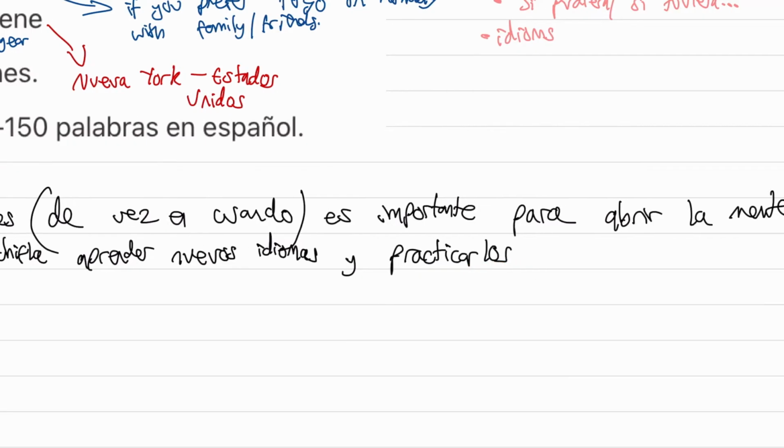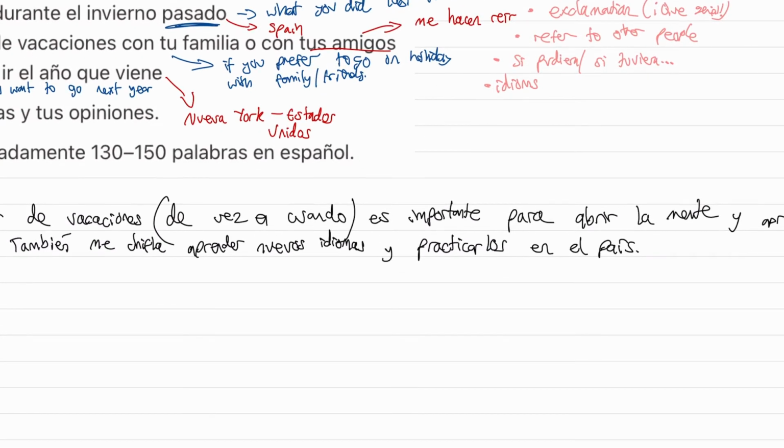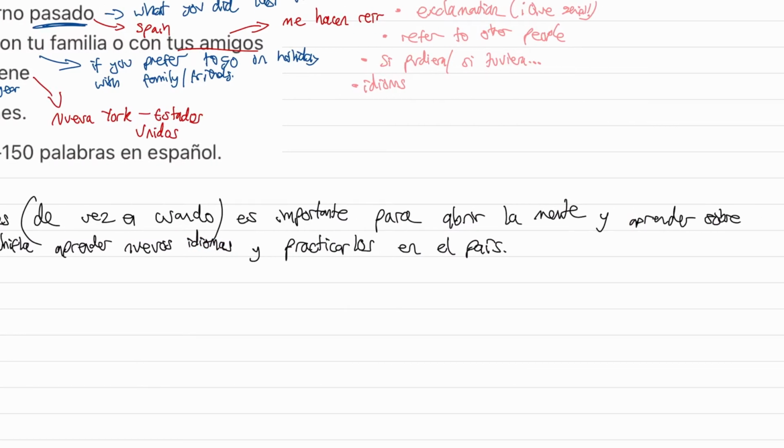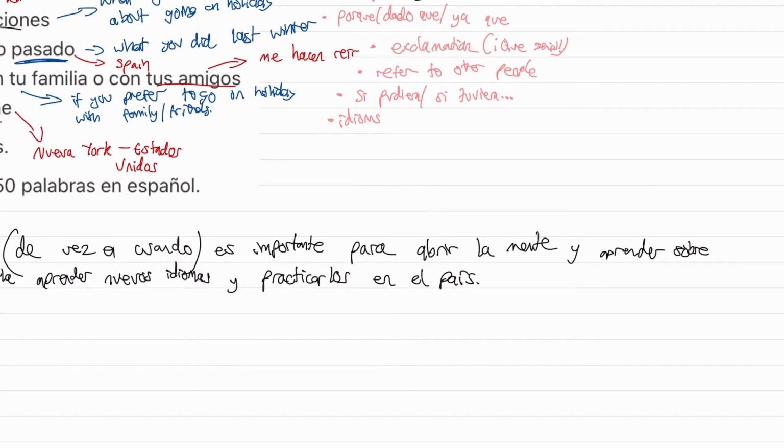So practice them in the country, and el país, I guess, is one way of ending that. So I could have repeated idiomas again here, but I chose to swap it out for los instead to say practice it or practice them in the country.